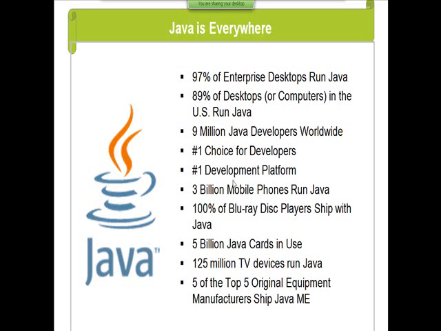Around 3 billion mobile phones run the Java platform itself, and 100% of Blu-ray disc players ship with the Java platform, so you can run any Java program if you want. There are 5 billion Java cards in use, and around 125 million TV devices running Java, based on current market predictions.